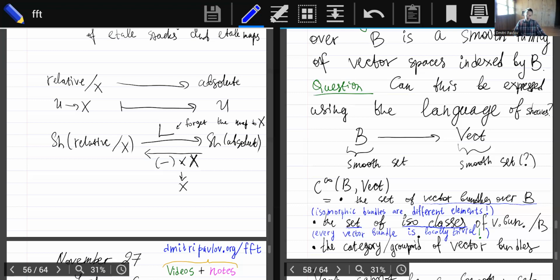So all of a sudden you cease to distinguish between non-isomorphic vector bundles. So the previous attempt did not work because we had too many copies of isomorphic vector bundles, and now we have too few copies because things that were not isomorphic all of a sudden appear to be isomorphic to us. So both of these approaches do not work.